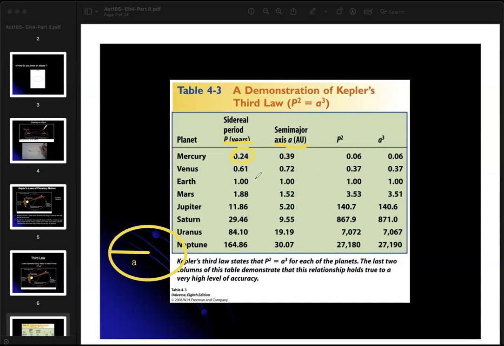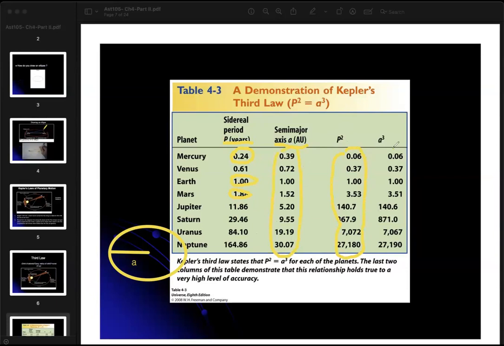Earth's is 1 year by definition, then 1.88, and so on. So these are all the periods, and this column here is P squared. You square those numbers and you get this. And here are the semi-major axes written in astronomical units.